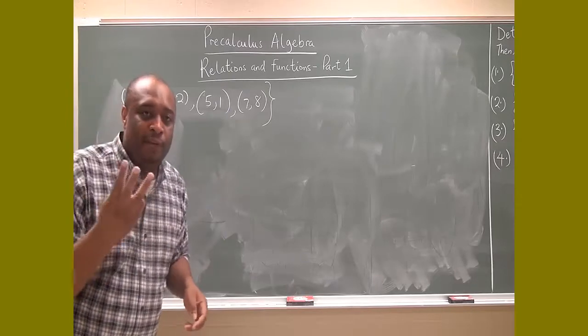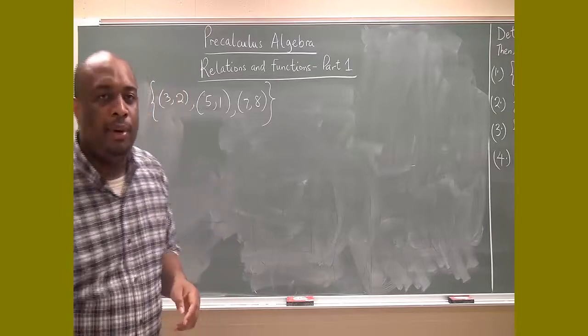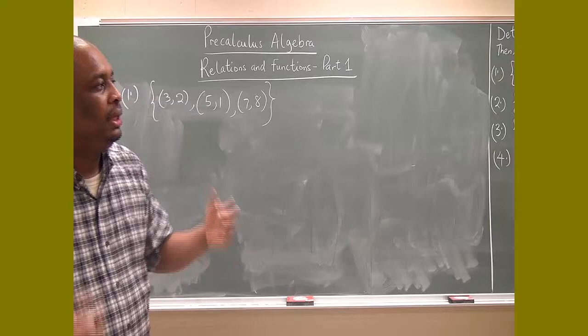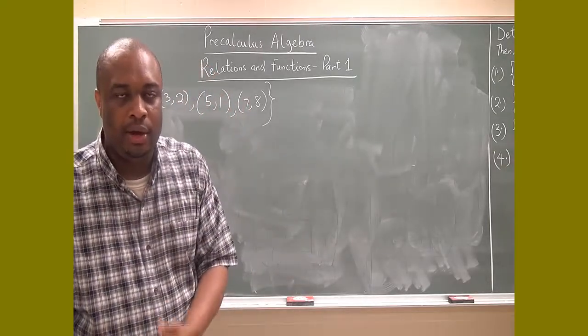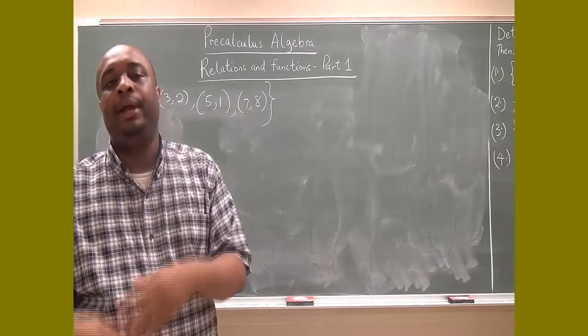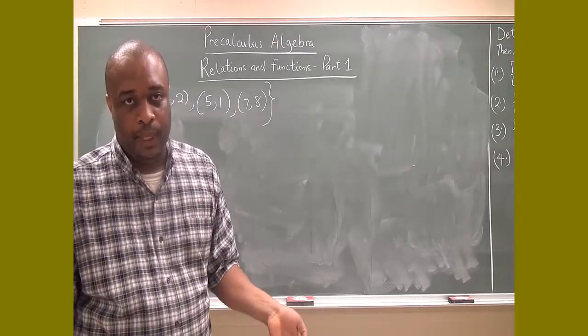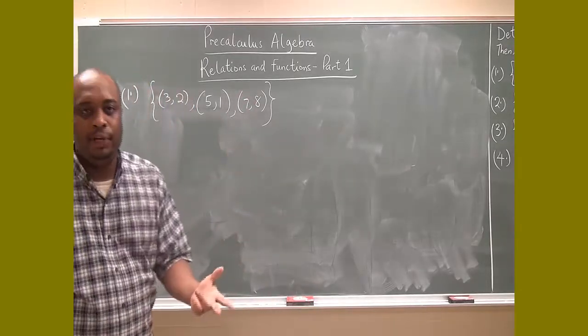Remember, we can define a function in 3 ways. Let me define it again in 3 ways. Number 1, a function is a special kind of relation in which for every first component or input in the ordered pair, there is a second component or output. Or you can define a function this way.